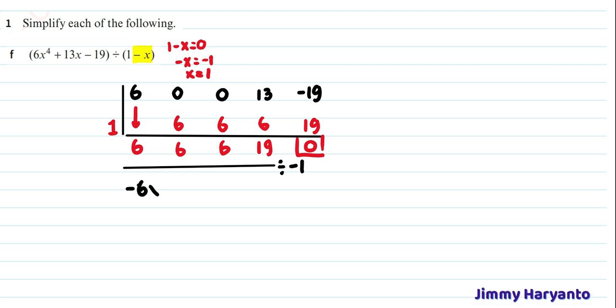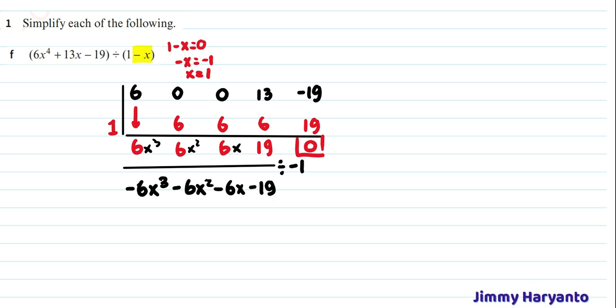So you'll have negative 6x. Wait, this one is x, this one is x squared, this one is x to the power of 3. So negative 6x to the power of 3 plus 6x squared plus 6. Sorry. Yeah, this one should be negative 6x, and this one is negative 19. There you go.